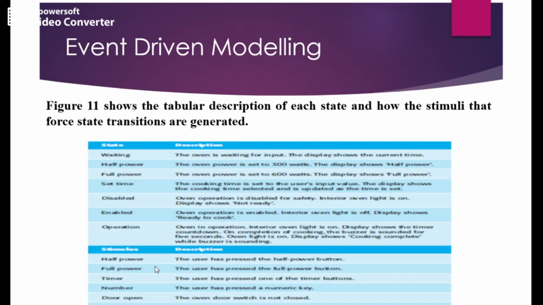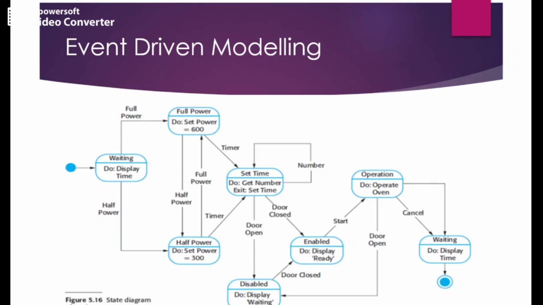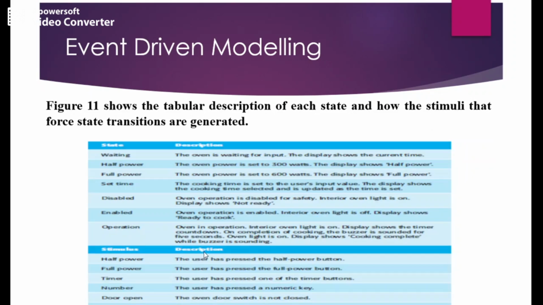Same thing now, full power. After receiving this stimulus full power, the microwave oven state moves to the full power state. Here the power is set to 600 watts; if it is half power, the power is set to 300 watts. Next stimulus is timer.